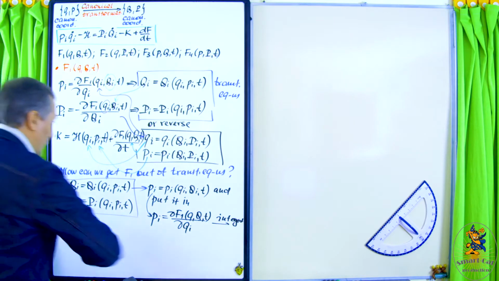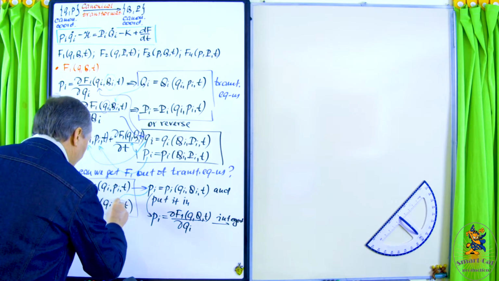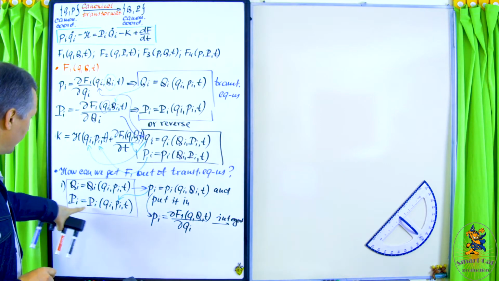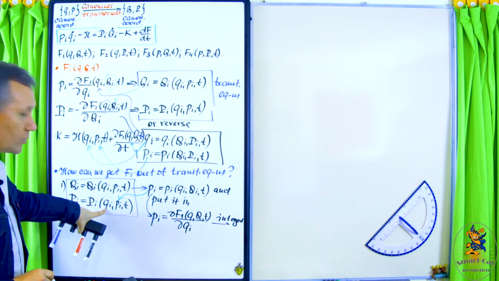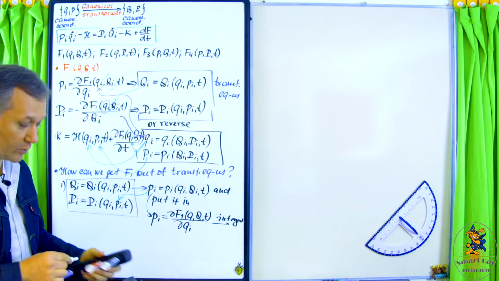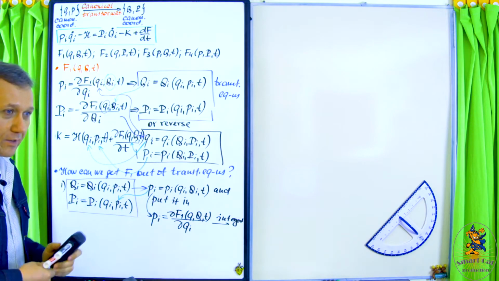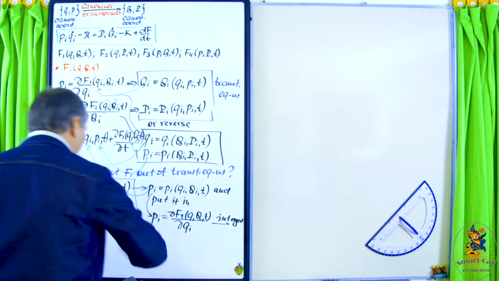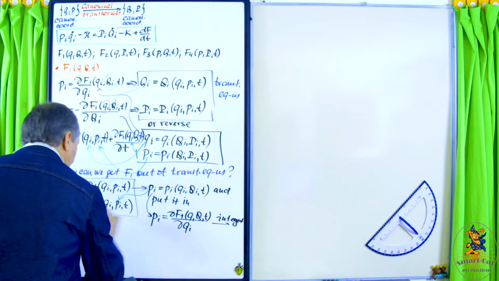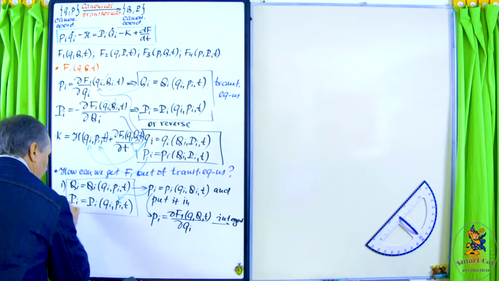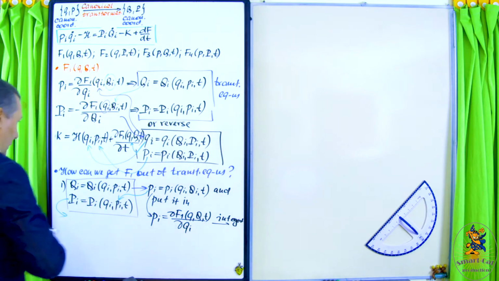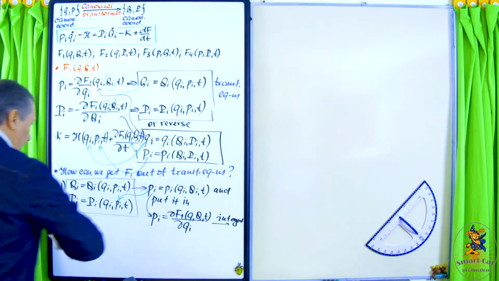So we can take this equation, plug it into that, and as a result we'll have P capital in terms of q small and Q capital, in the form which we need for the second equation. Okay, so now after this, of course, after plugging, we can get what we want.